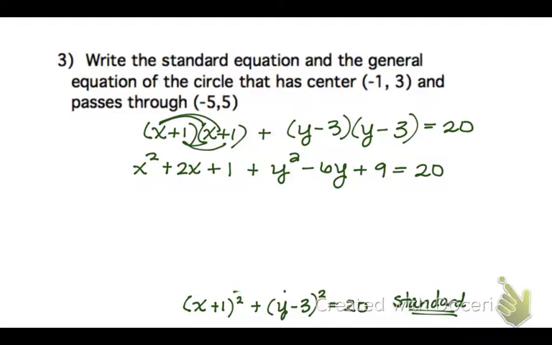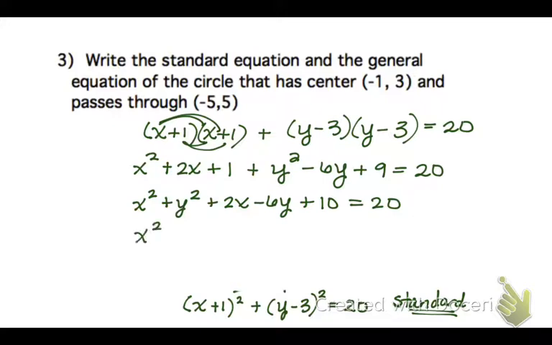And then we want to rearrange so that the squared terms are in the front. x squared plus y squared plus 2x minus 6y, we would have plus 10. But we need this to be equal to 0. So we would have to subtract that 20 to the other side.